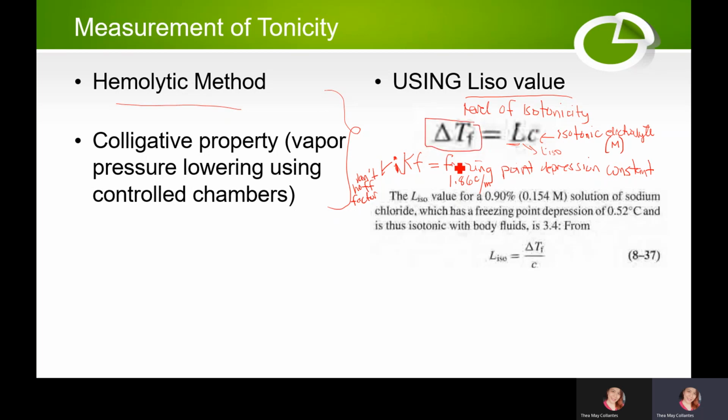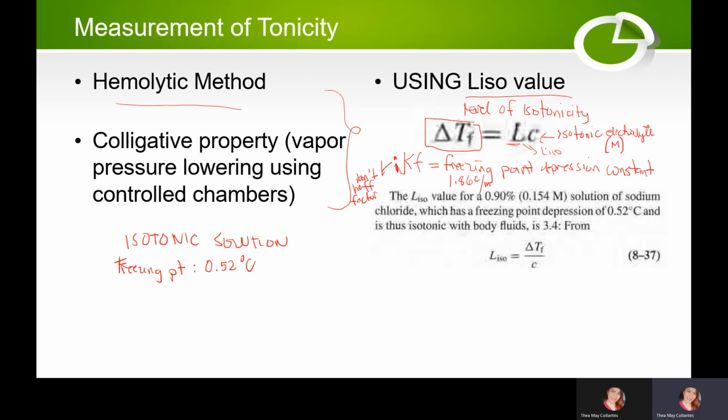And guys, always remember that a certain isotonic solution always has a freezing point of 0.52 degrees Celsius. So guys, if you are given the LISO, because you have a list in the laboratory, say you prepared a solution of 1 gram of sodium propionate to 100 mL of water.